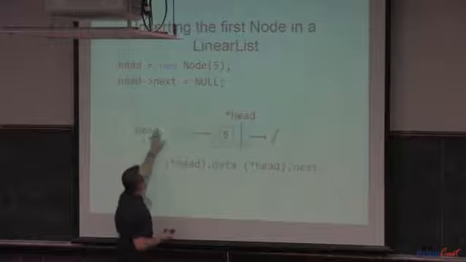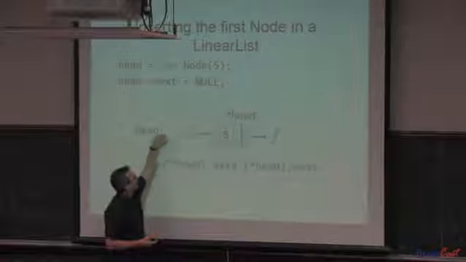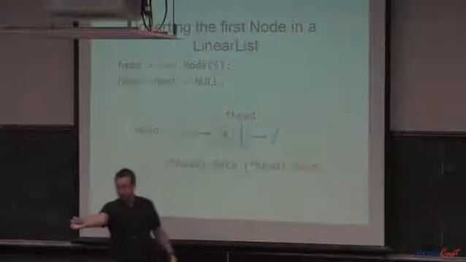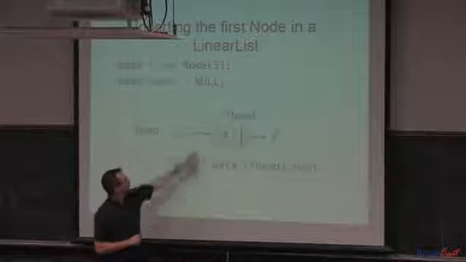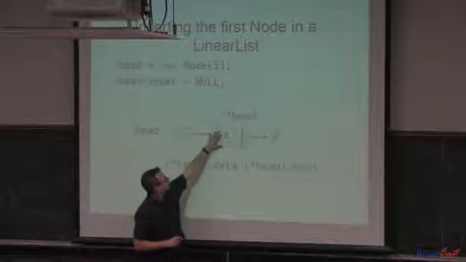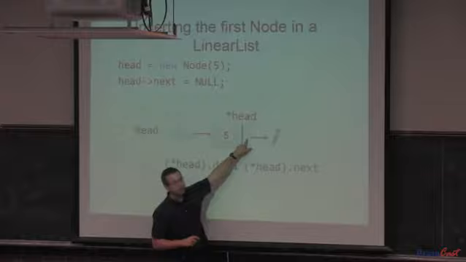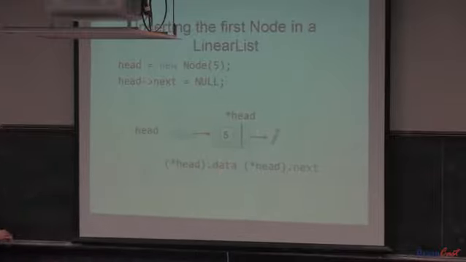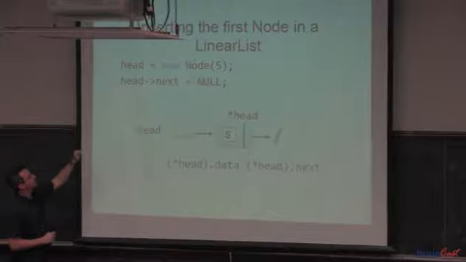I have my head node pointer. That's what the linear list holds. And then here's star head. Here's the first element of the list. There's you on the screen. Okay. So this is head arrow data. This is head arrow next, right? So what do I do? head gets the value of new node, passing in 5, and then head arrow next is null.